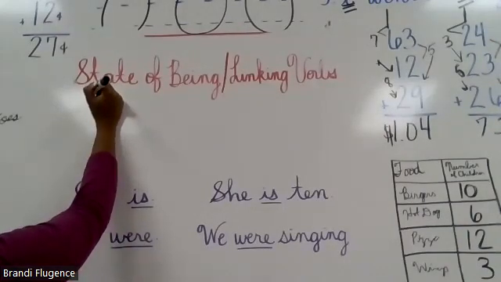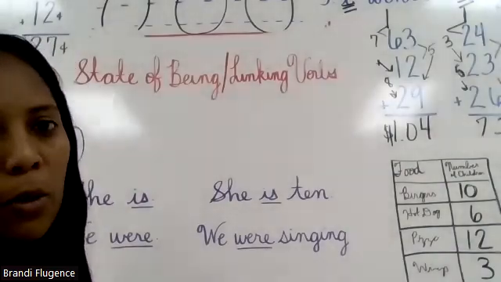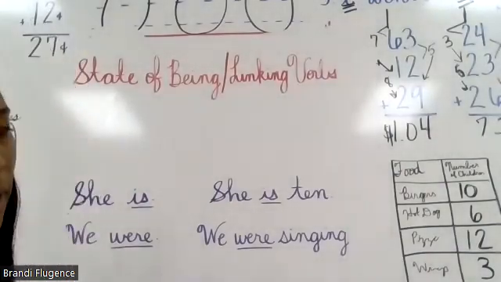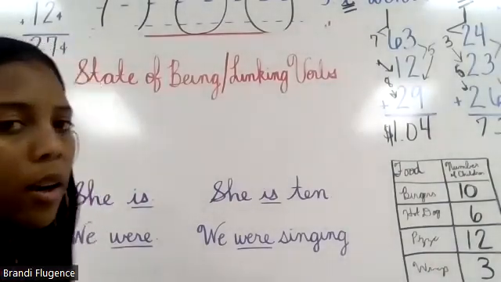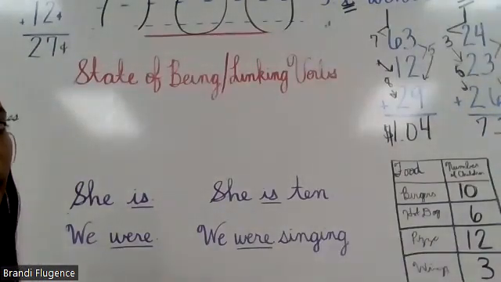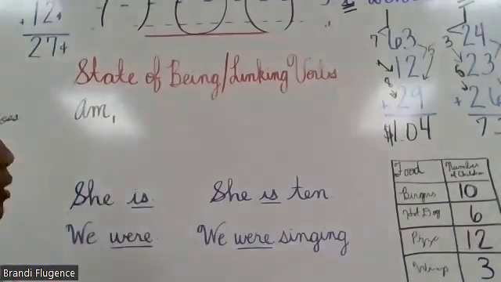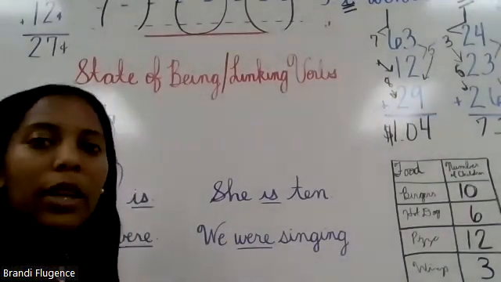R is the second one. There's one that comes before R. Am. Okay, am. Dennis, what's the next one? Is.